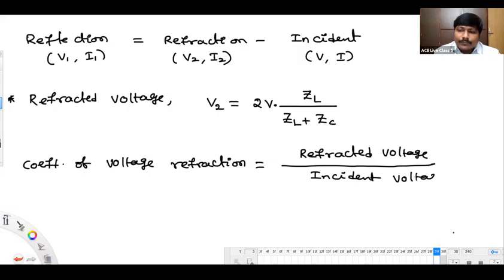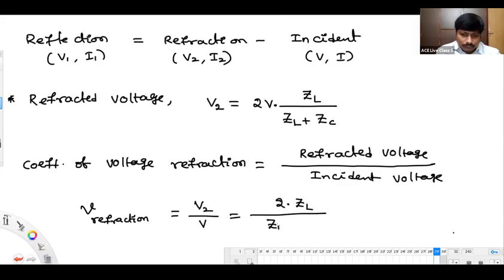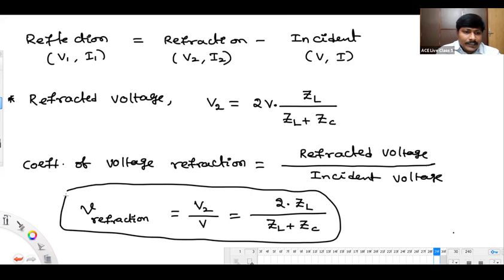This is the notation I am using for it: V suffix refraction. Refracted voltage by incident voltage, V2 by V, will come like 2 times of ZL by ZL plus ZC.